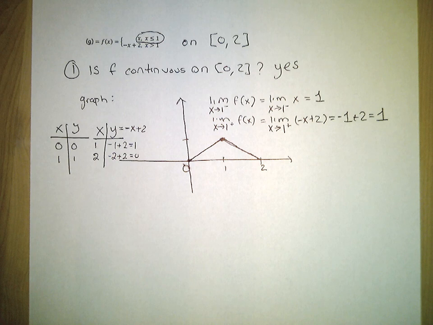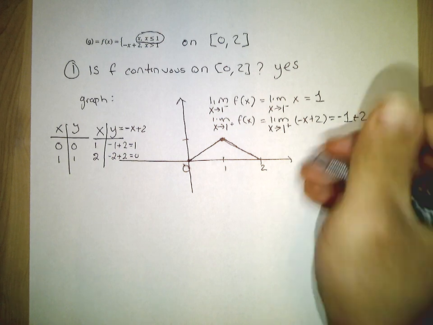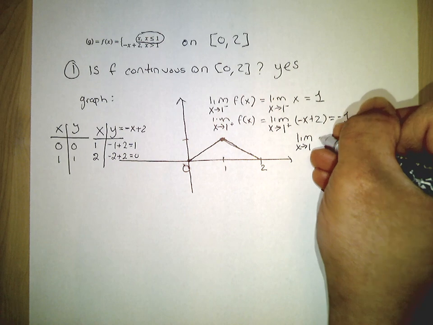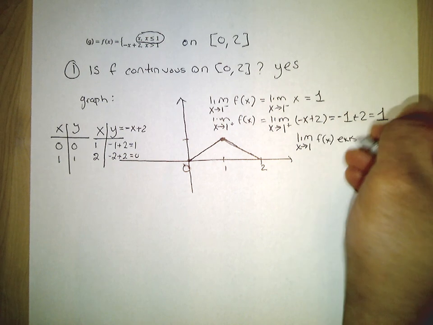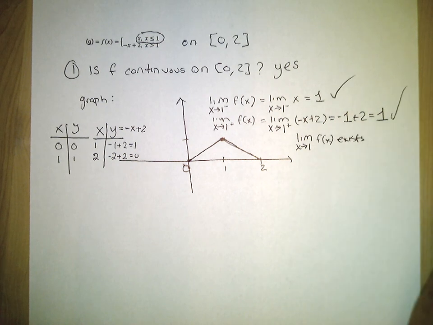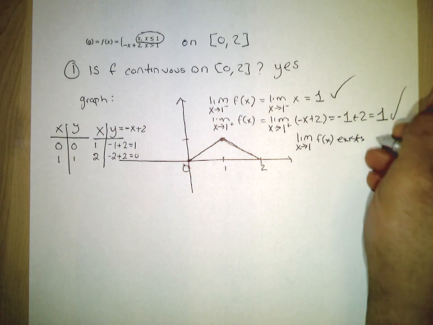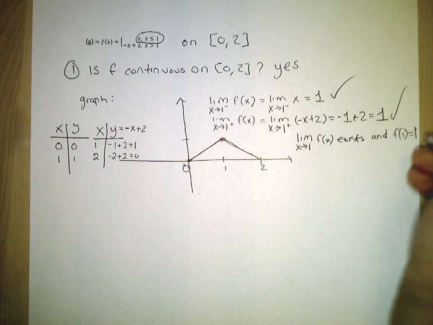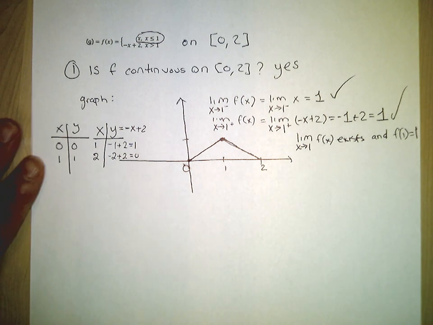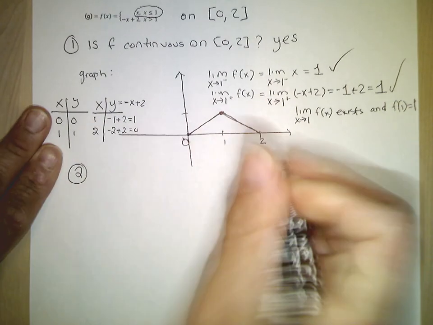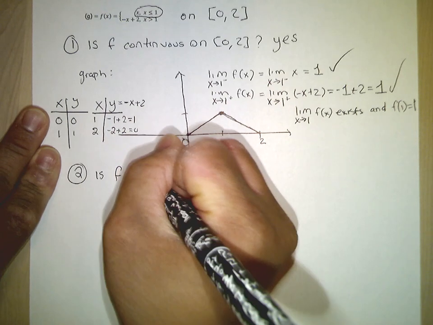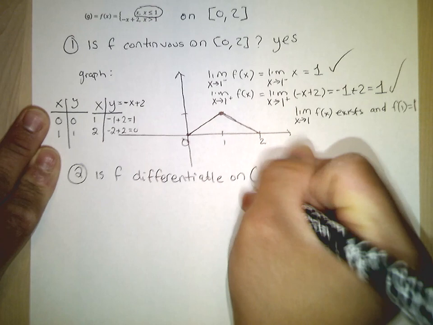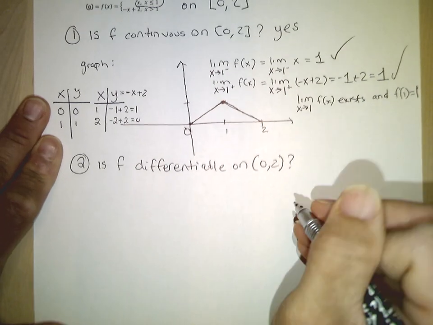So the limit as x approaches 1 of f of x exists because these right and left hand limits are the same. And we see that f of 1 is equal to 1. So therefore this is continuous. Now, is f differentiable on the open interval from 0 to 2?